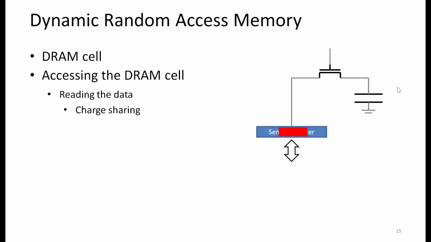At this point, the sense amplifier drives it as 1 because it has seen some charge in the capacitor. If there was no charge, then the sense amplifier will not see any charge and it will read out a 0.